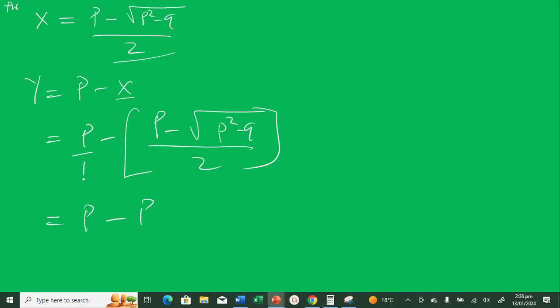Now let's say we want to make the denominator the same. We multiply by 2 on both sides. So now you have p minus the square root of p square minus q all over 2.